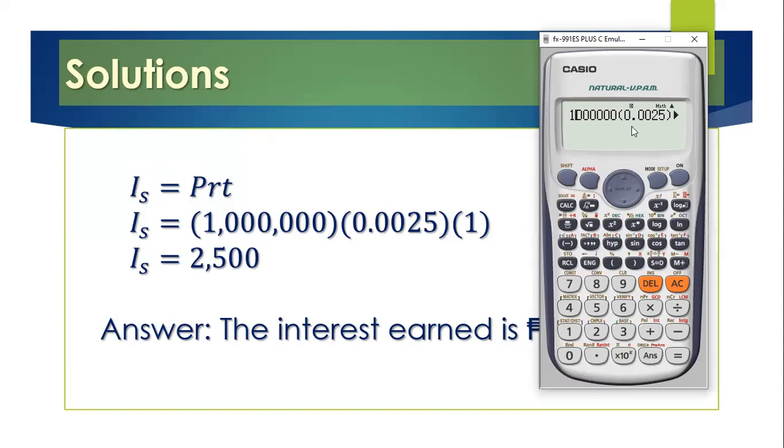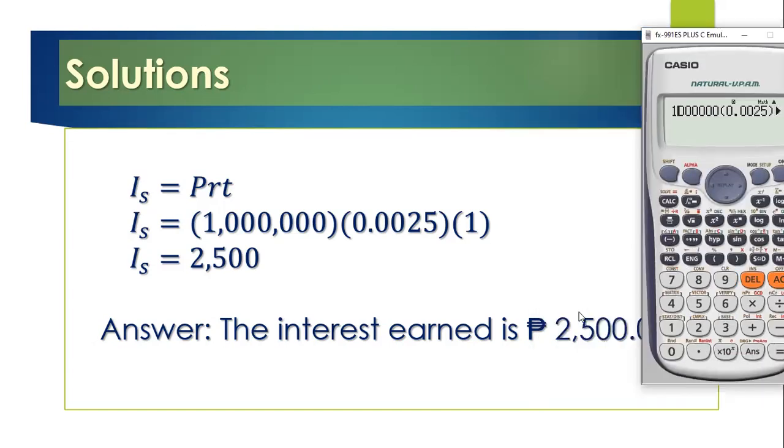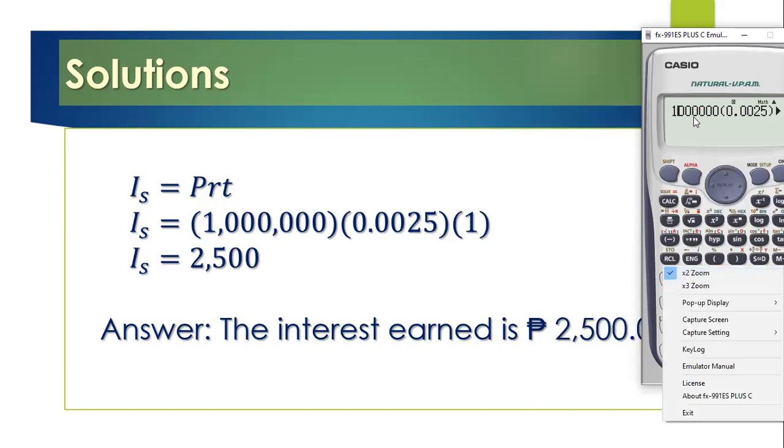So after 1 year daw, yung 1 million mo, kung ganito yung mga instruction or yung rate of interest, so kikita yung pera mo, yung 1 million mo ng 2,500 after ng isang taon. Okay?